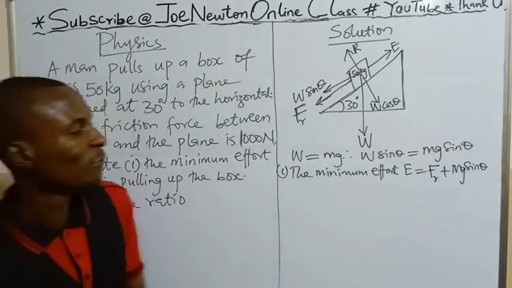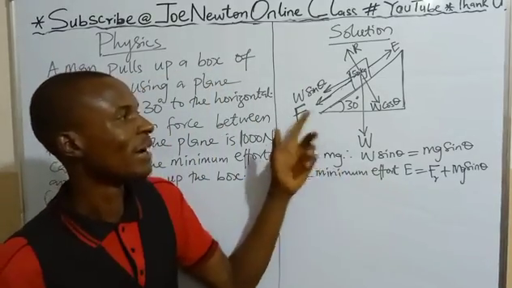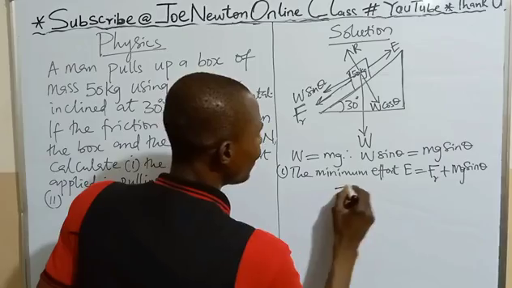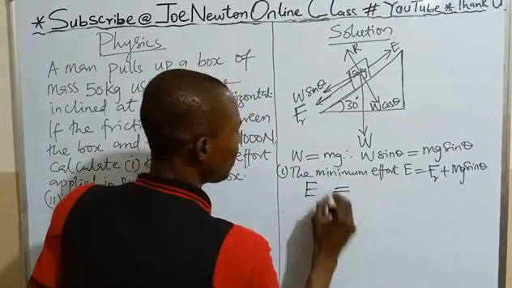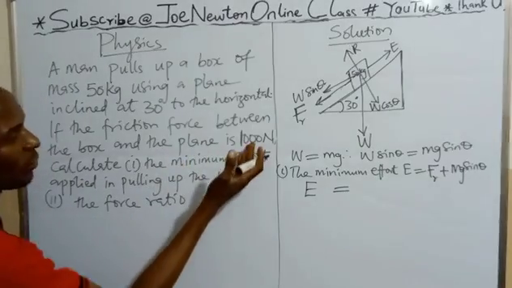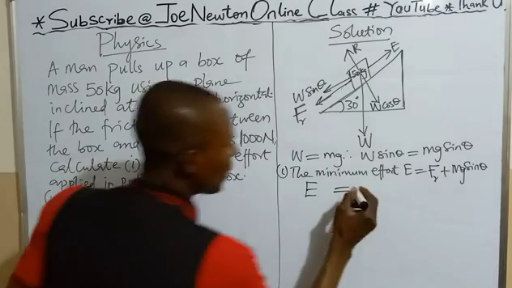That will give us the minimum force or effort required by this man to pull this body upward. Now, putting in our figures, the frictional force given in the question is 1000 Newton.